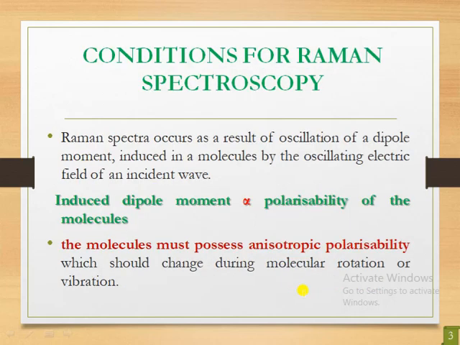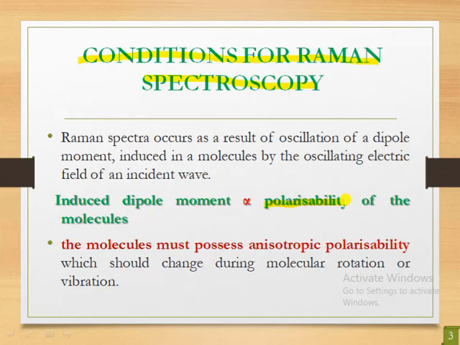Now before the principle, we should know the conditions for Raman spectroscopy, meaning which kind of molecules are Raman active or Raman inactive. Like IR, where the molecules which change the dipole moment are IR active, the condition for Raman spectroscopy is polarizability.